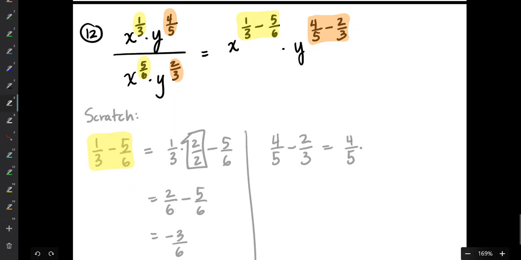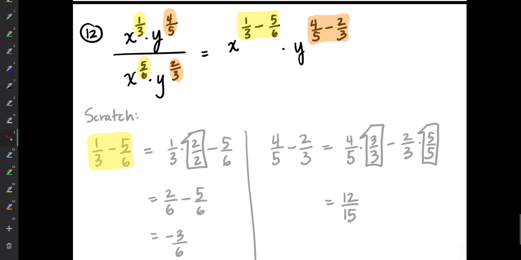So 4/5 is 4/5 times 1 in the form of 3/3. And 2/3 is 2/3 times 1 in the form of 5/5. Multiplying my fractions straight across, I see that 4/5 is equivalent to 12/15. I have 3 times as many slices of cake, but they're a third as big, so I haven't gained or lost anything.